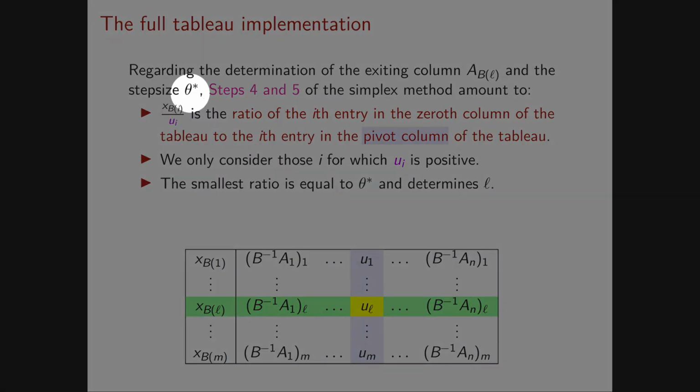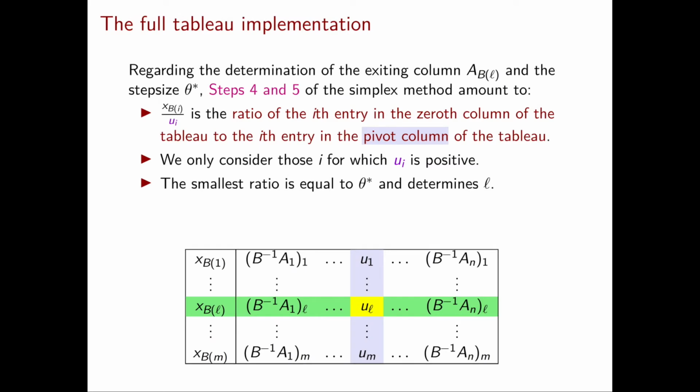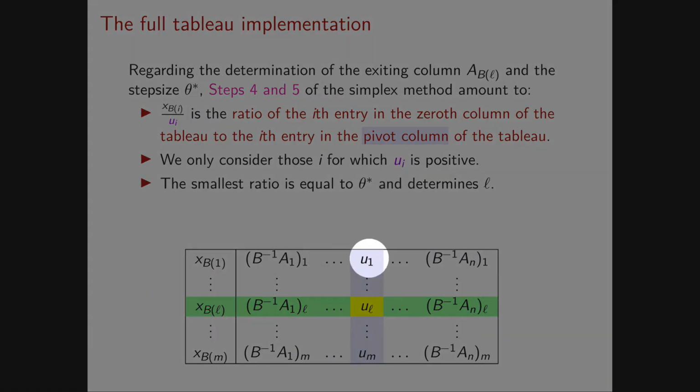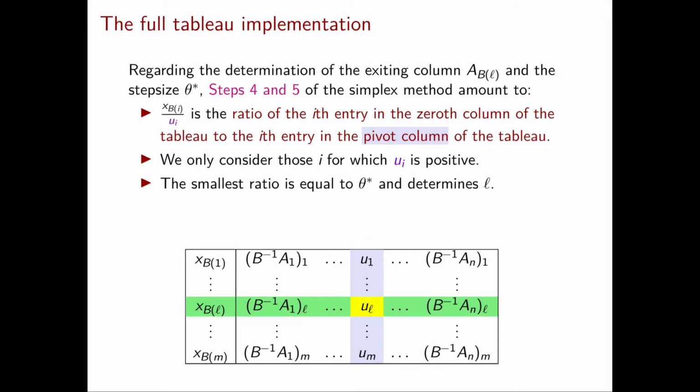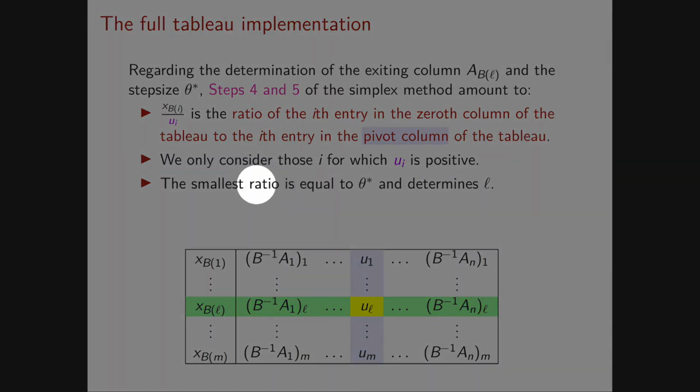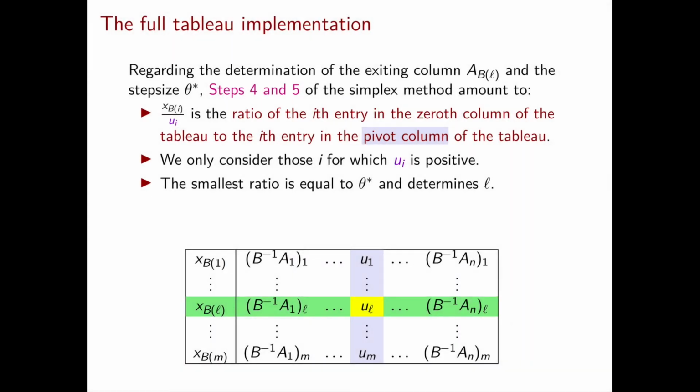Now, in the definition of theta star, we're not considering all of these ratios, but only those which have a u_i that is positive. And again, the u_i can be found in the pivot column. Now, the smallest ratio that defines theta star determines L, which is then our pivot row.